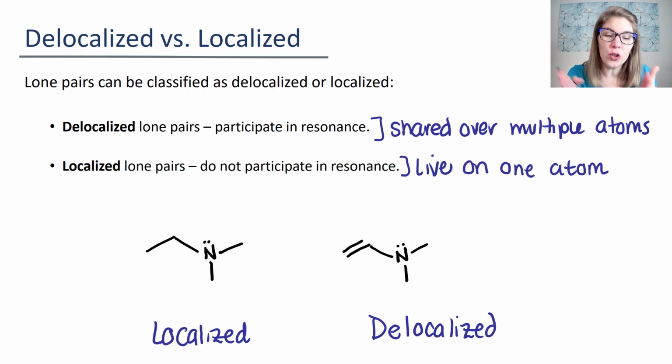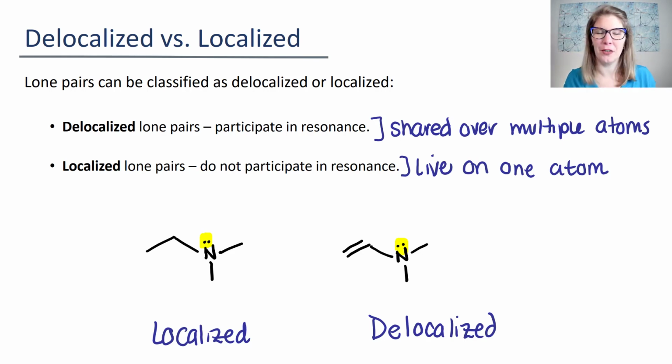Otherwise, when you come into questions like this, where I'm saying, hey, this lone pair is localized, whereas this lone pair is delocalized, if you're not drawing your arrows correctly, you can make any pair look delocalized, and it's not.